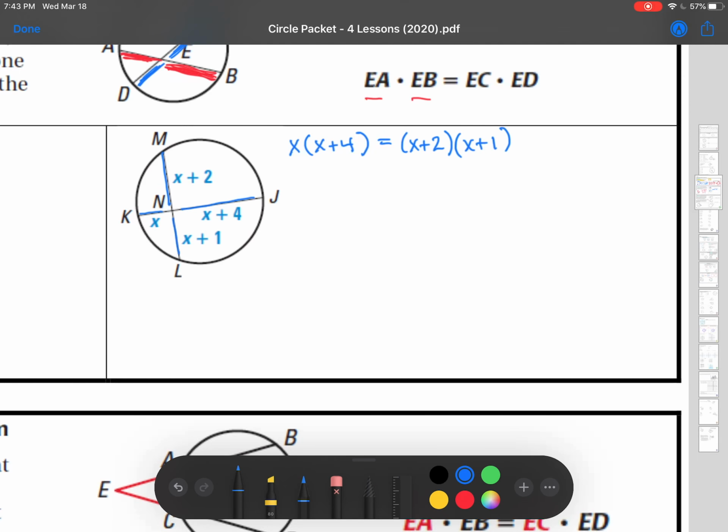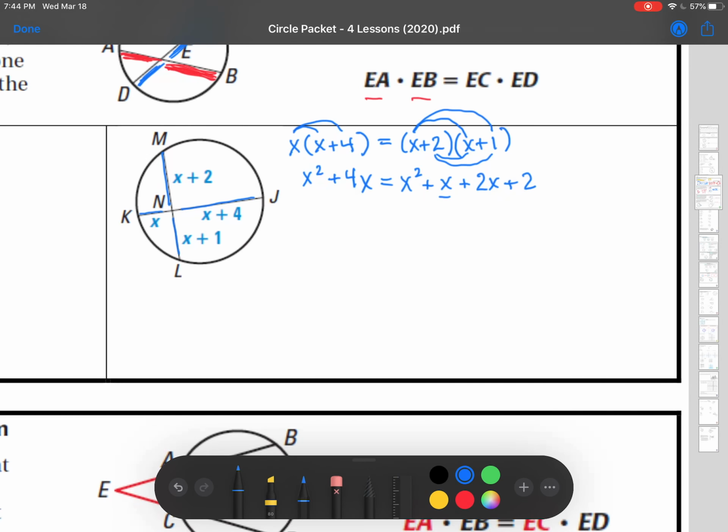Step 1 is to distribute that x. X times x is x squared, x times 4 is 4x. And then on this side, we're going to have to FOIL. So x times x is x squared, x times 1, 2 times x, 2 times 1. X squared, 1x, 2x, and 2.